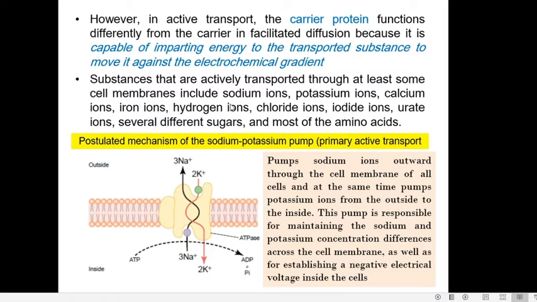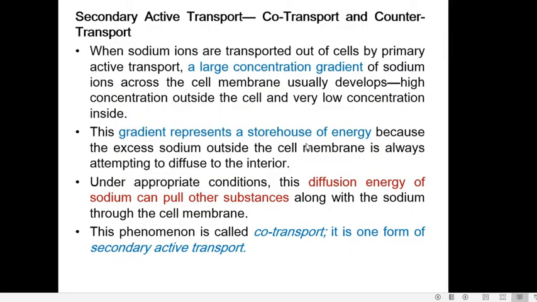And now we will see the substances that are actively transported through some cell membranes. They include sodium ions, potassium ions, calcium, ferrous ions, hydrogen ions, chloride ions, iodides, urates, several sugars, and most of the amino acids. They are all transported through active transport.